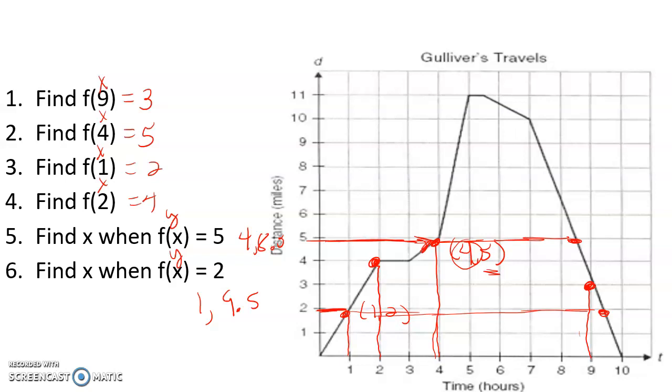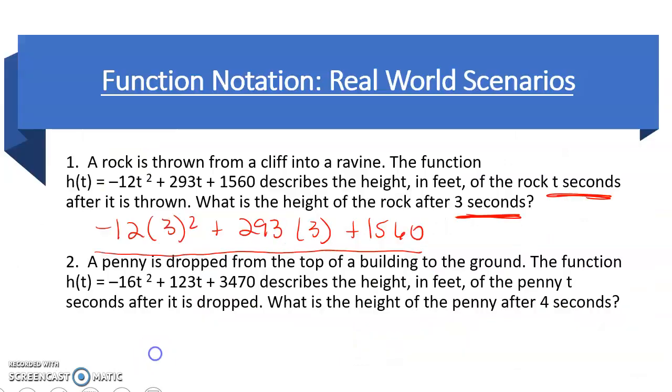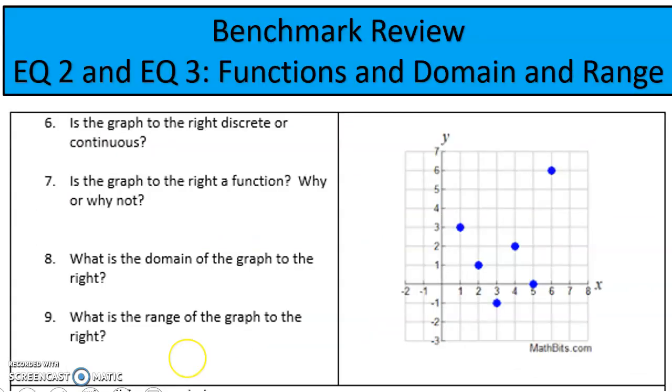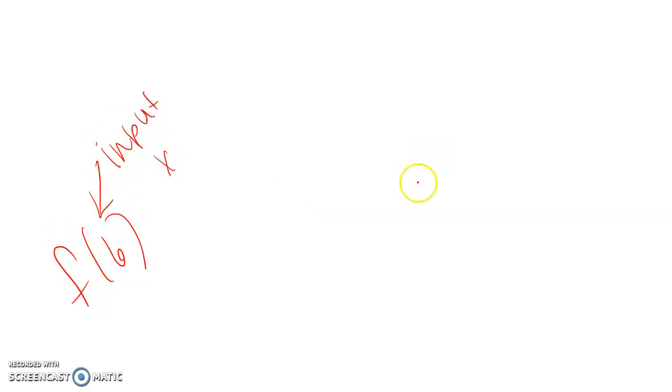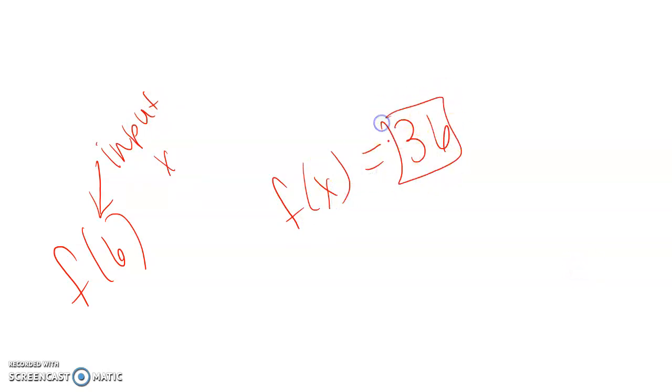Okay, these are the main things that I want you to know right now. Let me get back to that blank screen again. I want you to know that when you have f of a number, that's telling you to input for x. I want you to know when you have f of x equals a number, that you're taking that whole number and replacing the f of x.